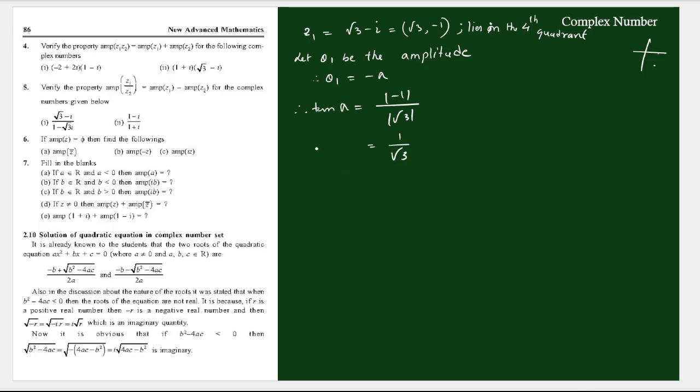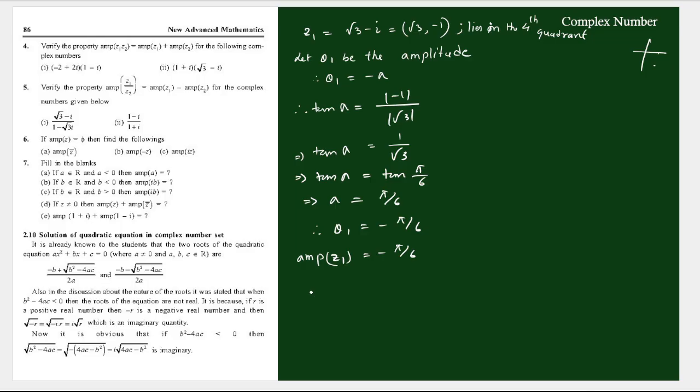This is the same as before. tan alpha is pi by 6, so alpha equals pi by 6. Therefore theta 1 equals minus pi by 6. Amplitude of Z1 equals minus pi by 6.